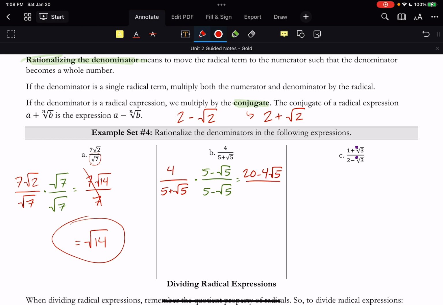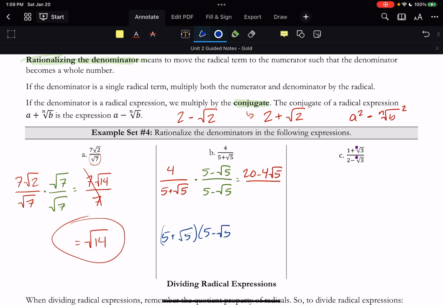When you multiply by the conjugate here, you're always going to get the same answer of a squared minus the square root of b, or whatever the nth root is, squared. So I'm going to FOIL this out just to show you how this works. But from there on out, I'm just going to always work with that fact.